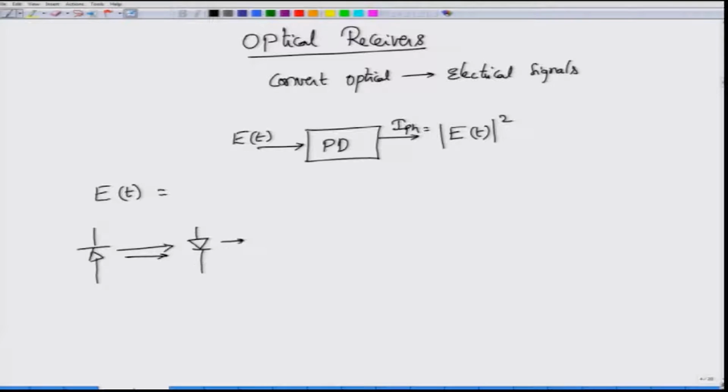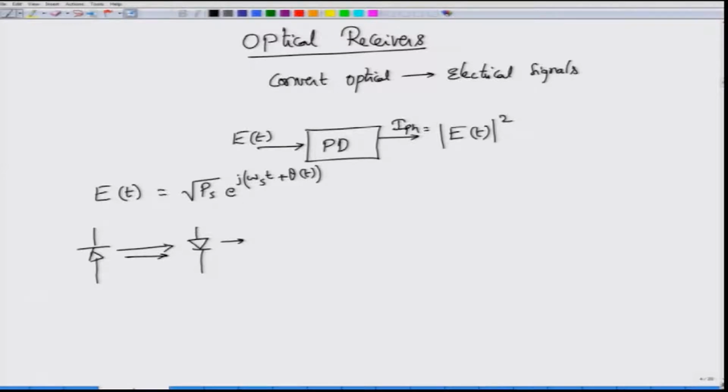What do I see? E of t can be represented as square root of Ps e to the power j omega s t. You can also have some phase information sitting inside. If you have not actually modulated the signal, this phase will simply correspond to some phase offset or some random phase associated with the laser.